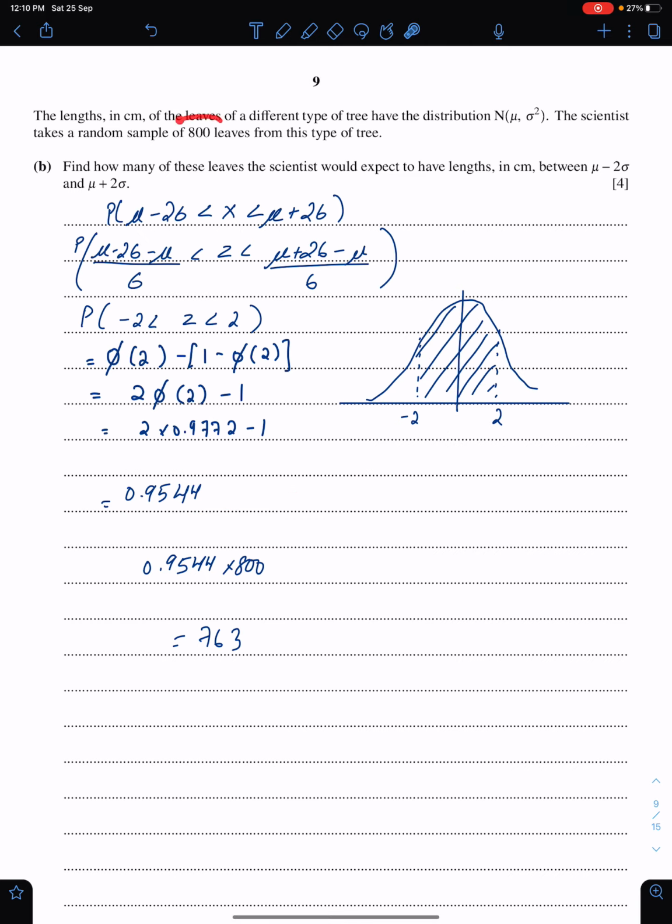And there were 800 leaves, so expectation means n times probability. This will give you the expected number: 763.